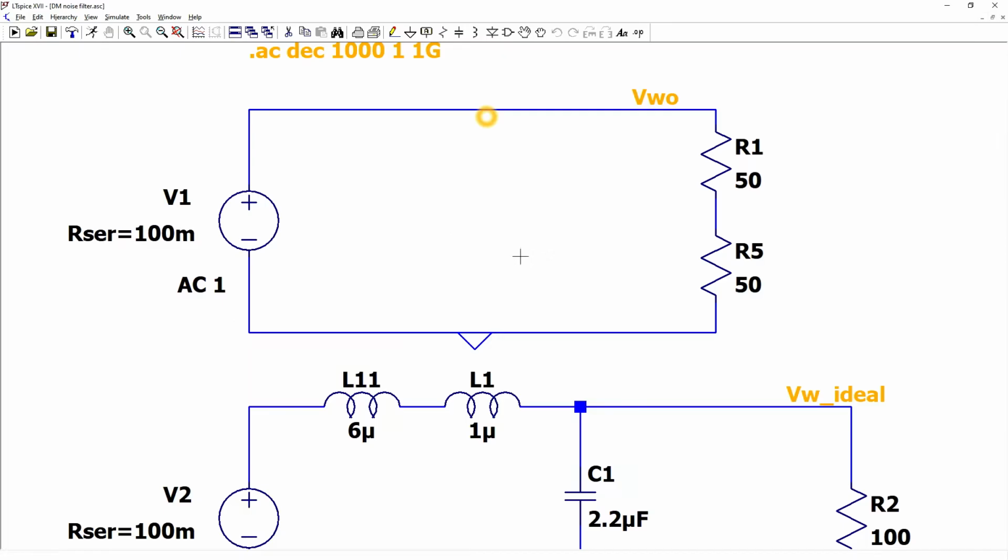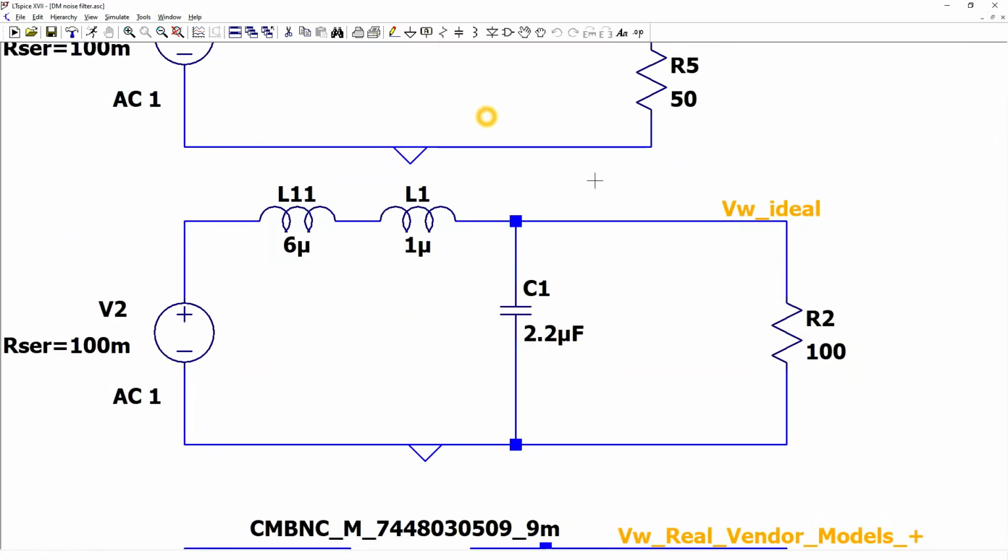And what you need to know is that in case of differential mode, the source is low impedance and the listening is high impedance. That's why in the filter circuits, you need to have high impedance components on the low impedance source side and low impedance components on the high impedance listening side. That will give you a well working circuit.